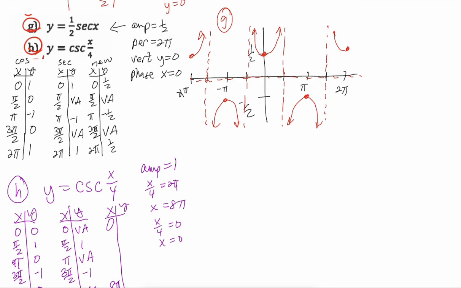So halfway between 0 and 8 pi is 4 pi. And this is 2 pi. And this is 6 pi. So we have to make our graph paper count up to 8 pi. So if we make this 0, 1, 2, 3, 4, 5, 6, 7, 8 pi.